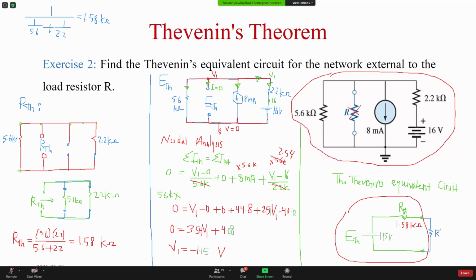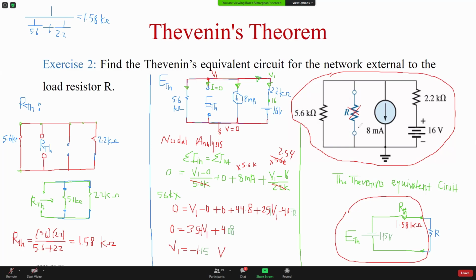And you can see the equivalent circuit is way easier to analyze. So if you change R and give whatever value for R, you're going to find the current through it or the voltage across it very easily, while in the original circuit it's difficult. So the equivalent circuit is supposed to be an easy circuit equivalent to a more complicated circuit.